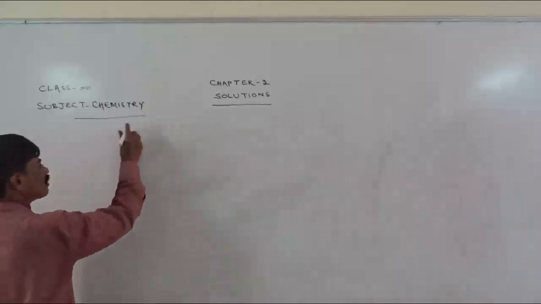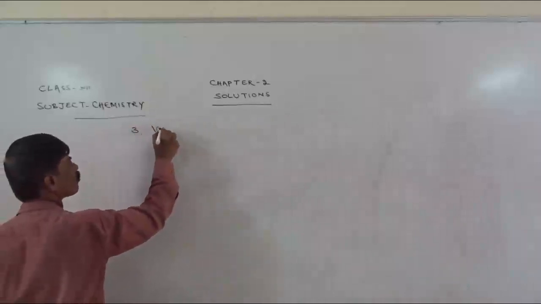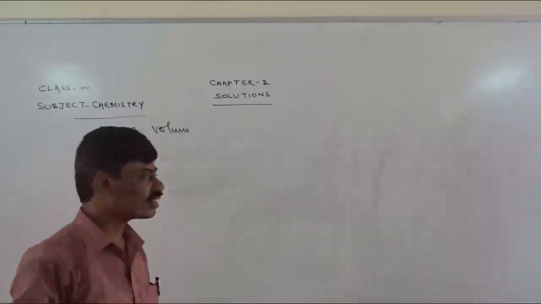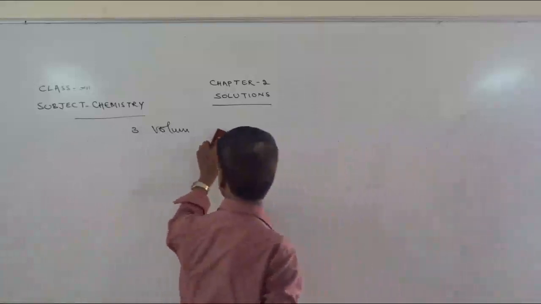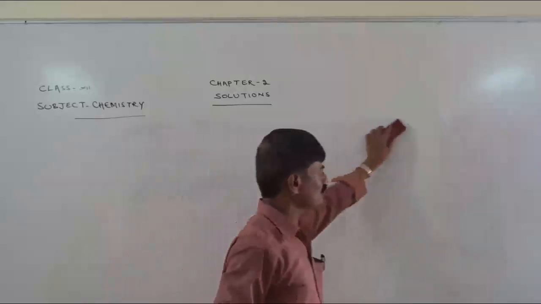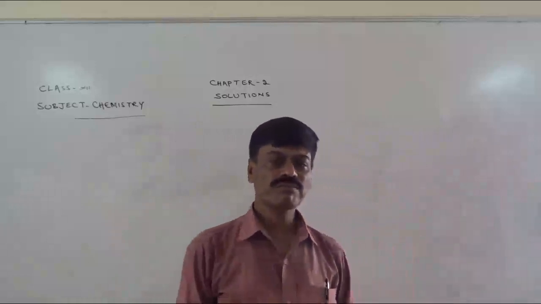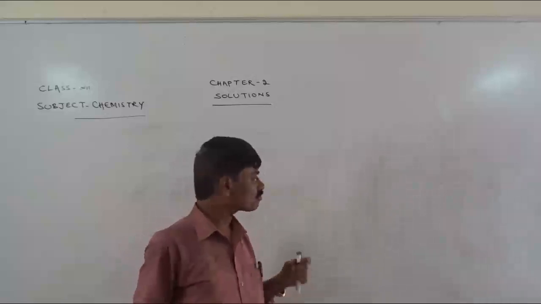The third method is volume by mass percentage or mass by volume percentage. This is very simple technique and it is winded up in brief in NCERT book. Now let us see synopsis of this method.